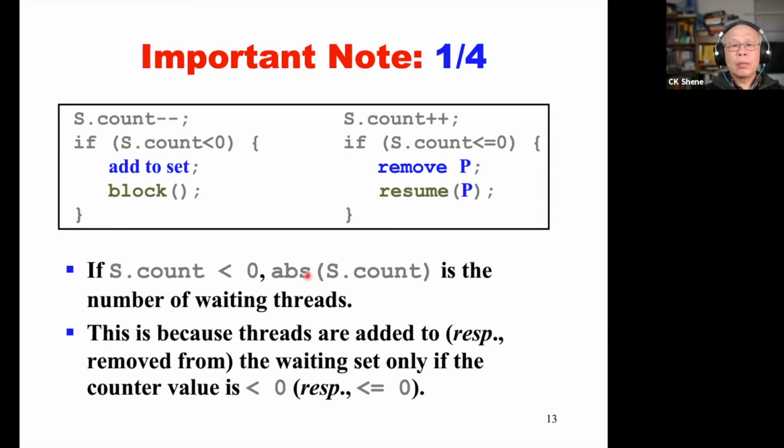Unfortunately, most systems do not allow you to access how many threads are in the waiting set. So your program correctness cannot depend on the access of this counter value. Counter value does not belong to you.